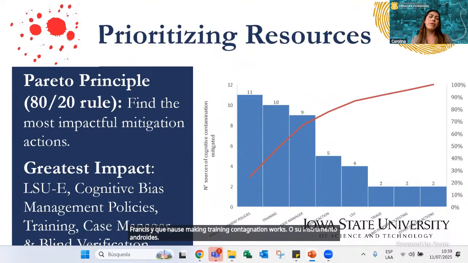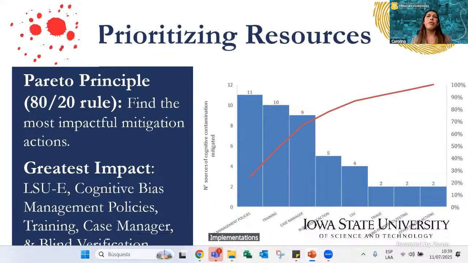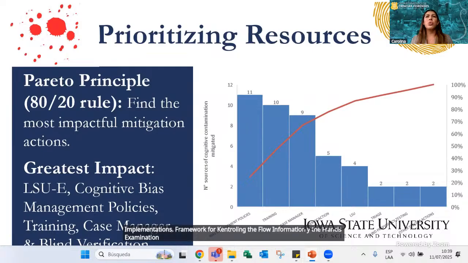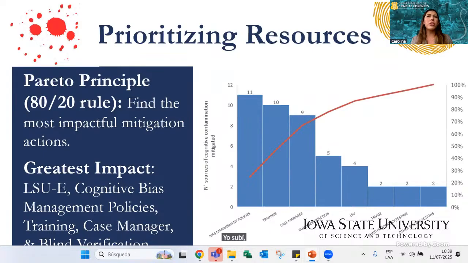A key part of this training was the worksheet for linear sequential masking expanded implementation, which provided a structured framework for controlling the flow of information and reducing bias during the forensic examination process. We just want to make sure that examiners understand and recognize cognitive bias.